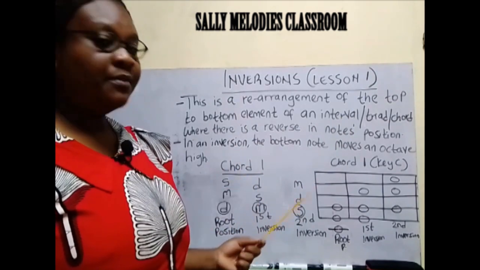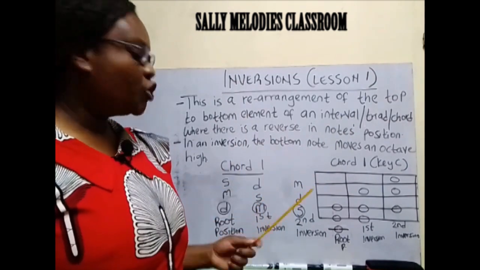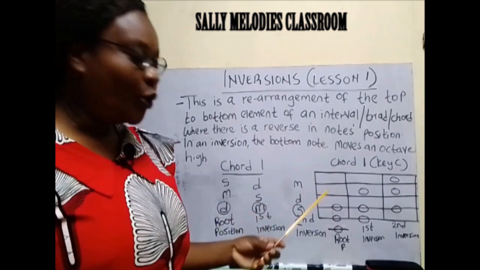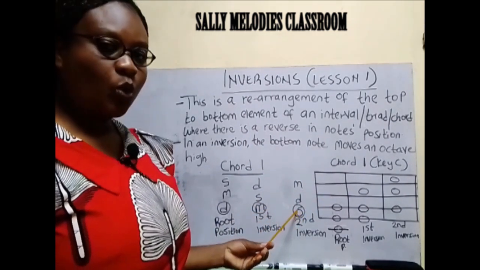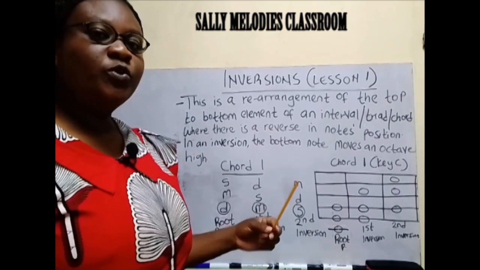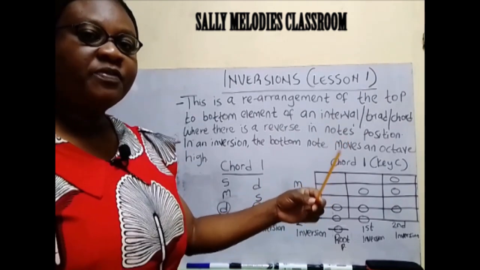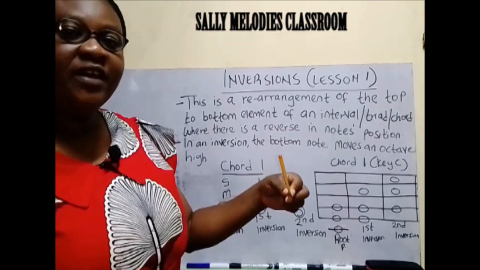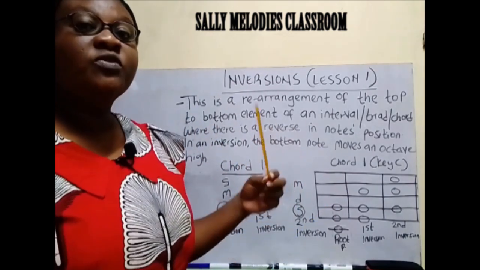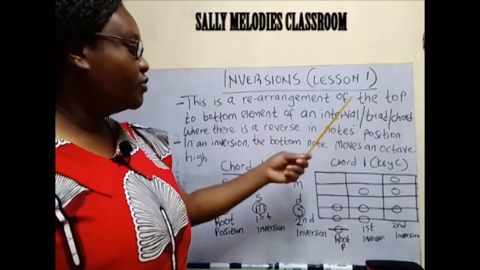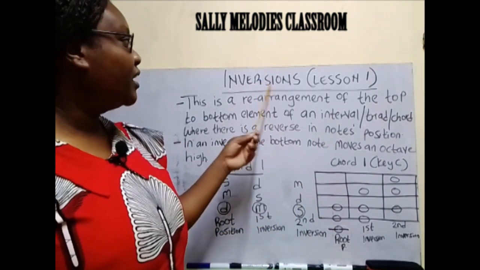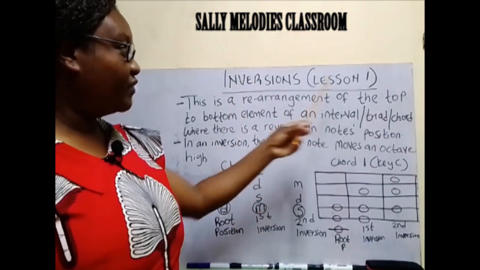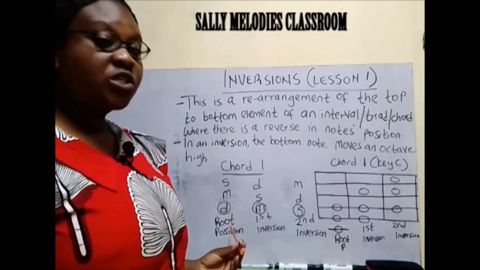You need to give them other notes. You need to invert. Sometimes instead of doing the do, they can do the so. Sometimes instead of doing the fa, maybe in chord 4, they can do the la. Sometimes instead of doing the so in chord 5, they can even do the re. That is why we do the inversions. I couldn't have taken you to the inversions before we talk about the root.